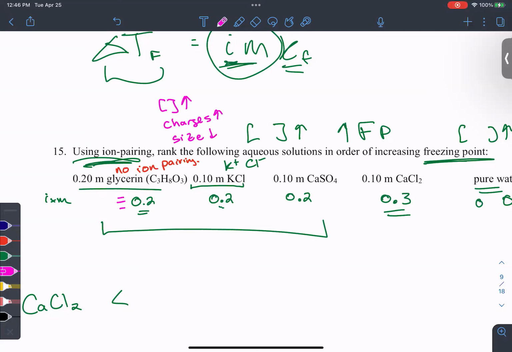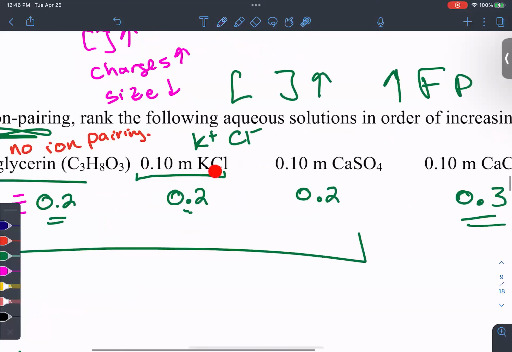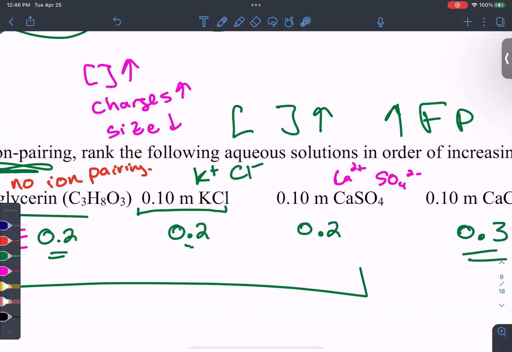So we have potassium chloride and calcium sulfate, which is calcium +2, sulfate -2. Which one of these do you think does ion pairing more? The sulfate, yeah. So this one will have an I times M that's much less than 0.2, and potassium chloride will be just a little bit less than 0.2.